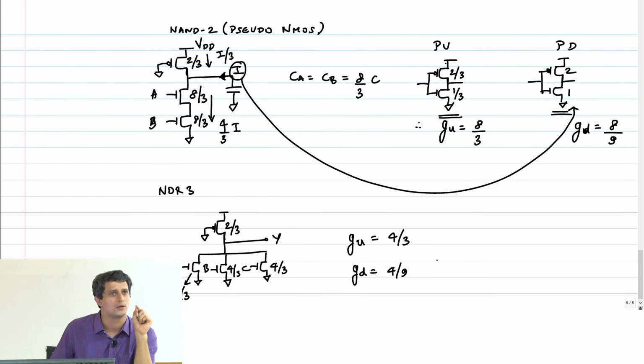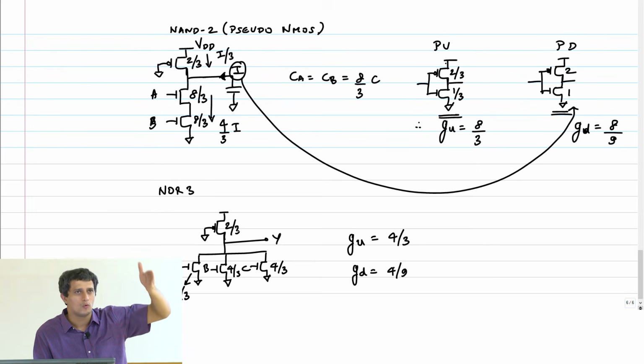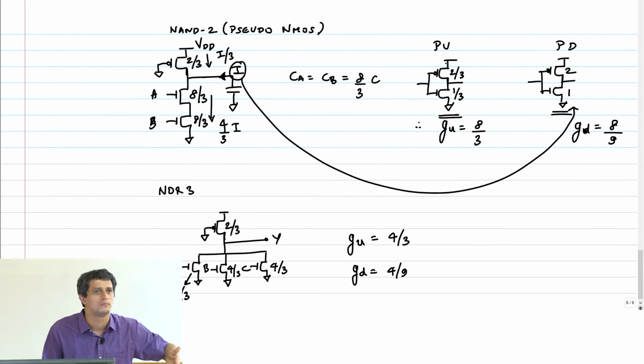So this PMOS, because it's just one PMOS pulling up, that's 2 by 3 always. See, the worst case is 2 by 3 pull up and one of the 4 by 3 is pulling down. So therefore it has to be 2 by 3 and 4 by 3 as we say. Okay?